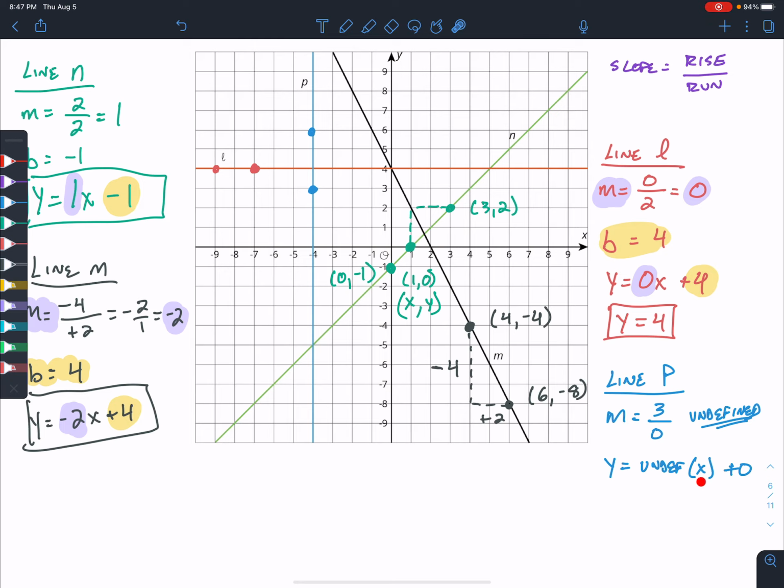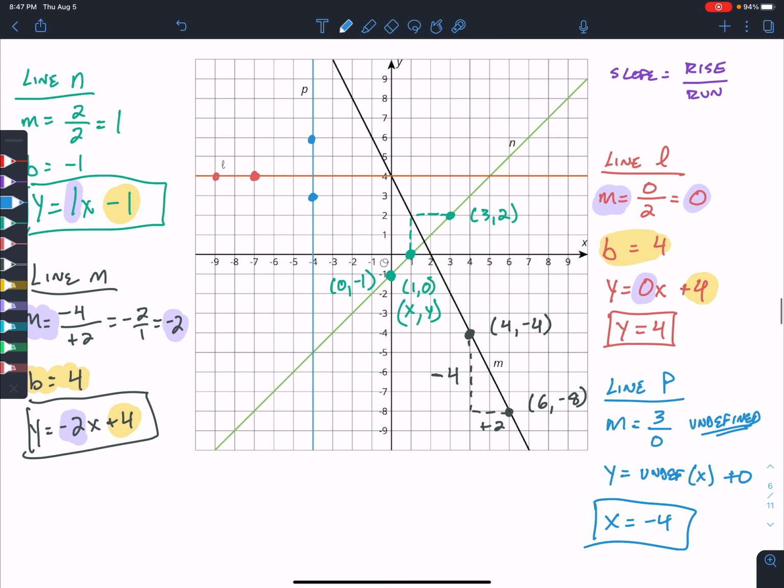So what we end up doing for this is, I'm sure there's something a little bit more mathematical behind this, but we end up saying x equals negative 4. And so you're probably saying, well, wait, where is x equaling negative 4 coming from? That's really because we cross the x-axis at negative 4, and no matter what we pick for y, any of these coordinates along here, x is always negative 4.